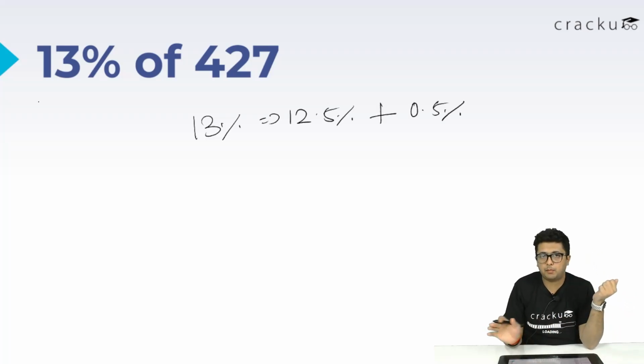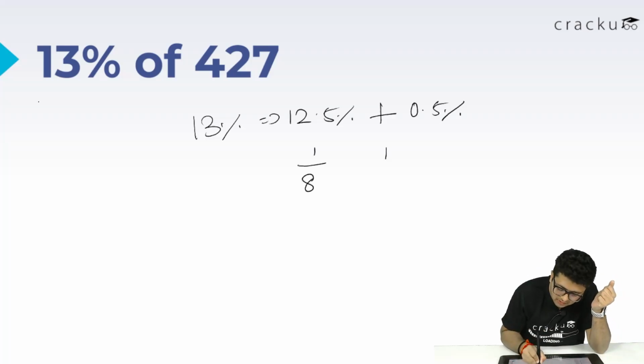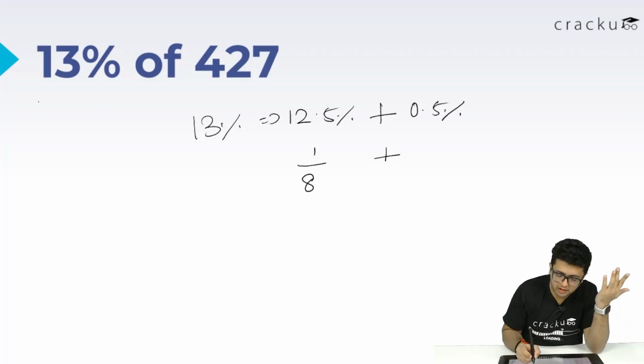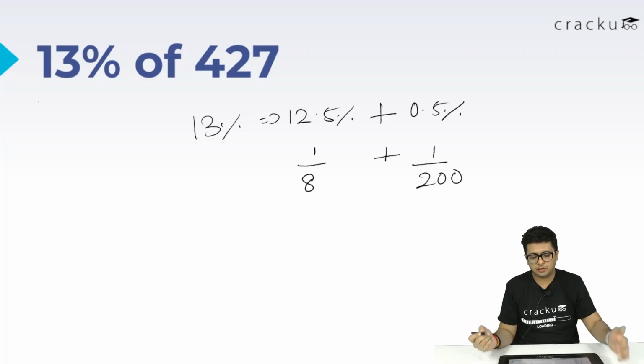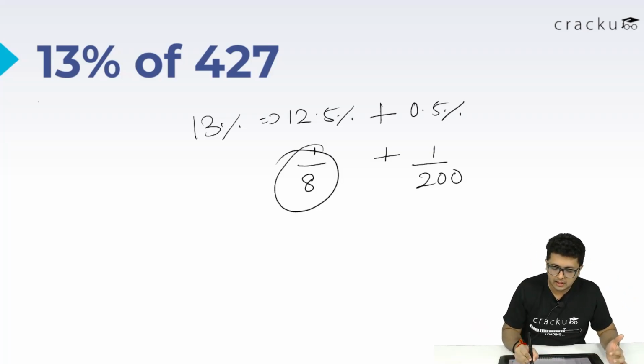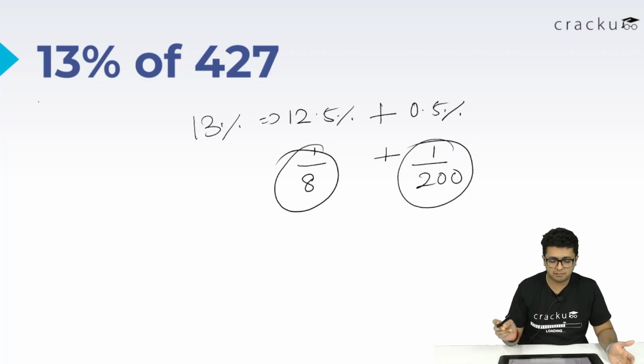Now I know 12.5% is nothing but 1 by 8, right? And then 5% is 1 by 20, so 0.5% will be nothing but 1 by 200. So it's easy. All I have to calculate is 1 by 8 of 427 and then 1 by 200 of 427, and I add it up and I get 13% of it.